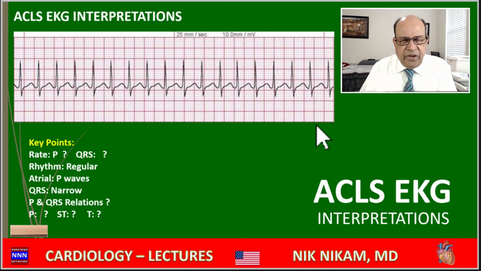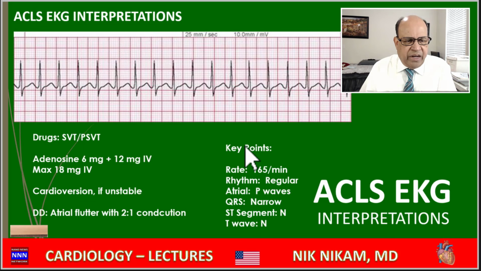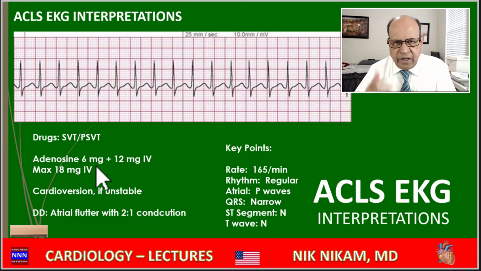Most likely we are dealing with a paroxysmal supraventricular tachycardia, or PSVT as it is called, and the management of these patients would include adenosine 6 milligrams intravenous bolus followed by a flush, and then if that doesn't work, you give another 12 milligrams IV bolus with a total dose of 18 milligrams altogether.